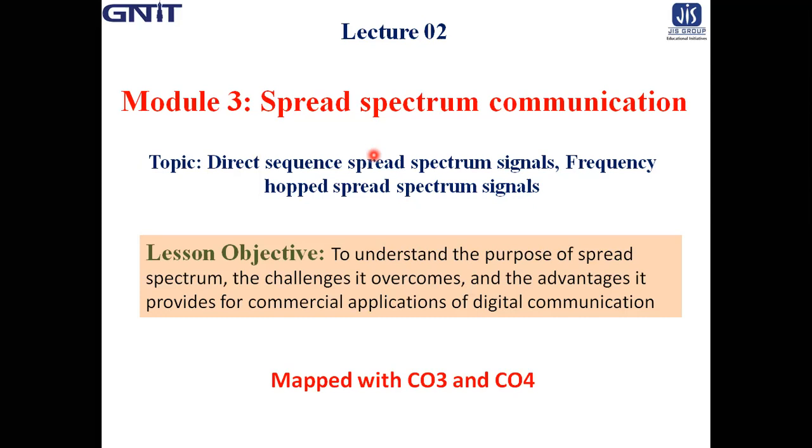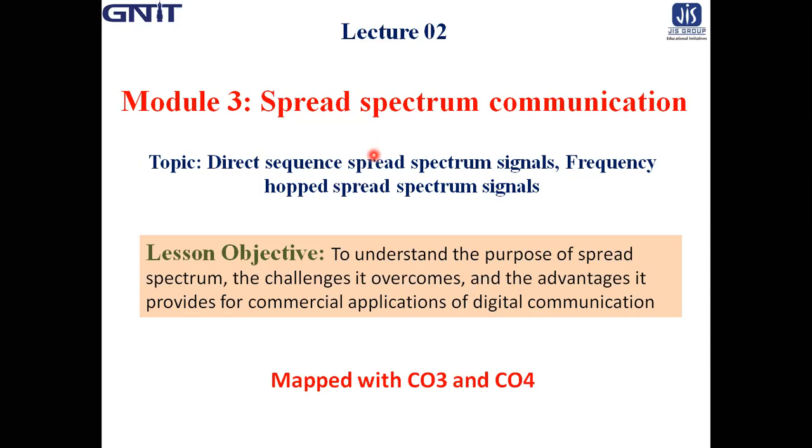There are typically two types, which I already discussed: direct sequence spread spectrum and frequency hopped spread spectrum signal. Today we are going to discuss in detail these two types of spread spectrum communication.